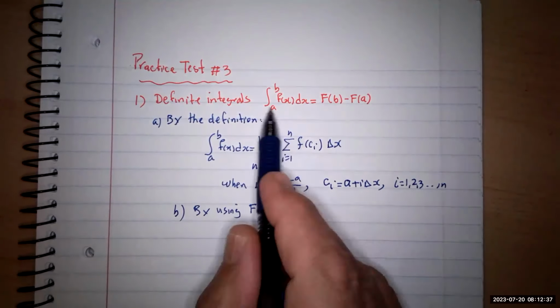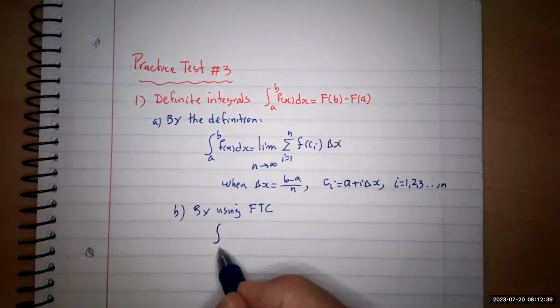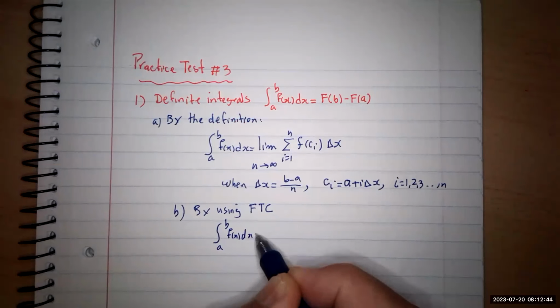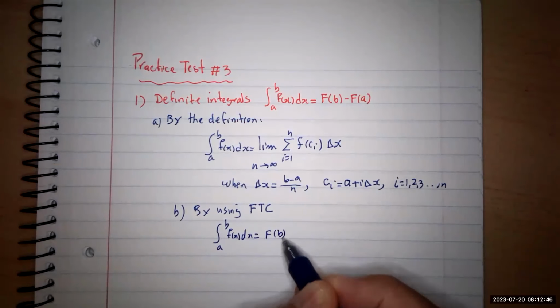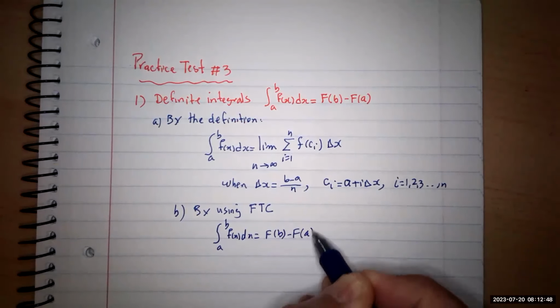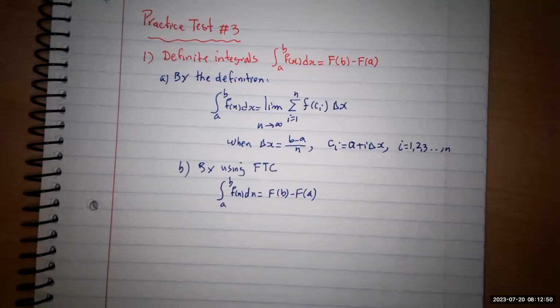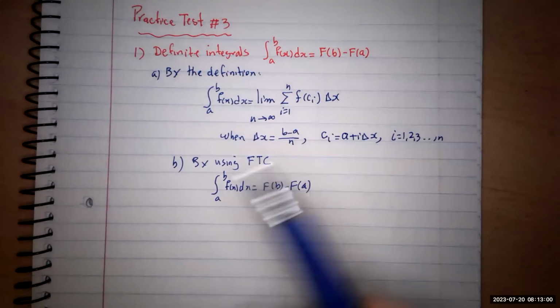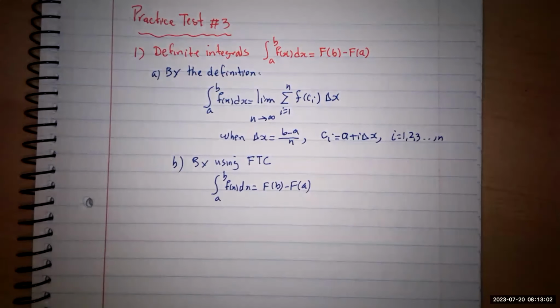The fundamental theorem of calculus is this one: the integral of f of x dx is equal to f of b minus f of a. We give you two parts. The first part you don't need to use the substitution method, but the second part you do need to use the substitution method. So one with the definition, some easy one like 0 to 1 x squared dx, and we are going to check it.